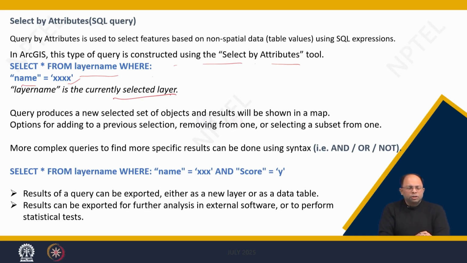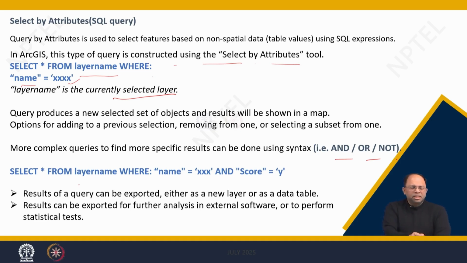So that you can run queries on that. A query produces a new selected set of objects, and results will be shown in the map, and options for adding to a previous selection, removing from one, or selecting a subset from one, like we were discussing earlier, are also possible. And more complex queries can also be developed using AND, OR, NOT, like we have done earlier; similar kinds of queries can also be developed in GIS as well.